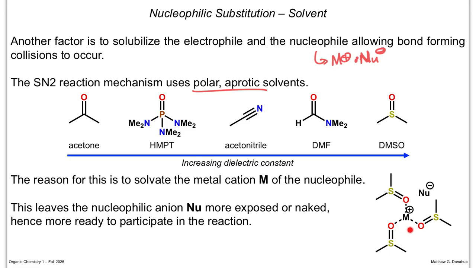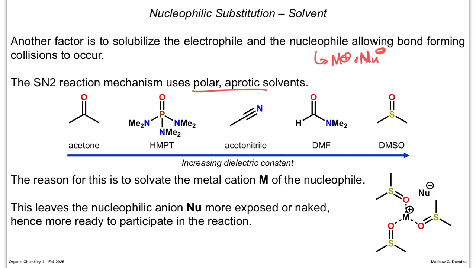And here's a crude little depiction of that. The metal is plus, and you have this polar functional group that will coordinate around it. This is flat, but if you think of the metal as some sort of ball, and then the solvent is surrounding that in 3D, there's going to be a lot of solvent around that.